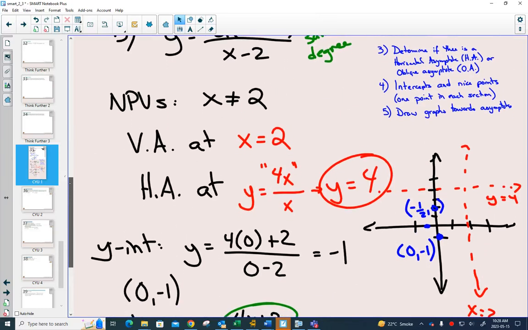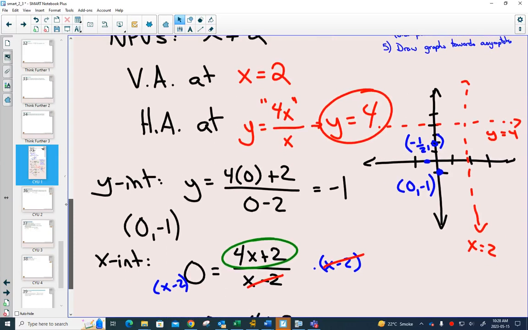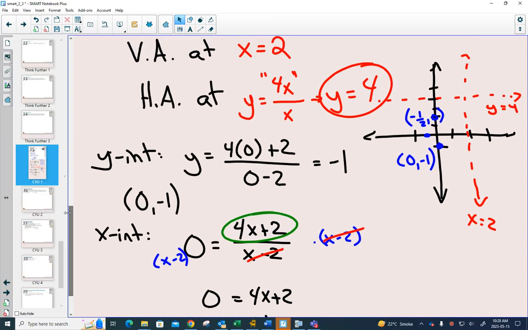So step 4 says, do all of your intercepts and nice points, 1 point per section. When I talk about a nice point and 1 point per section, your graph will be separated into sections by your vertical asymptote. We would say that this graph has 2 sections: the section where x is less than 2 and the section where x is bigger than 2.